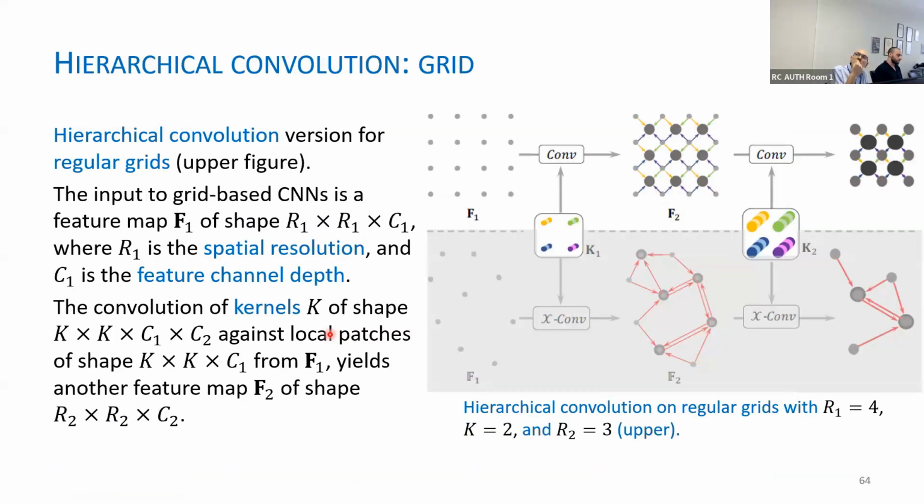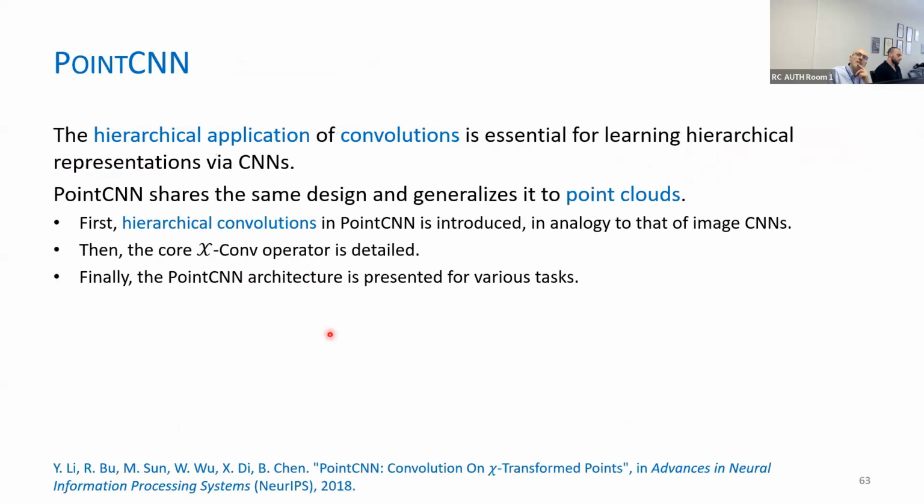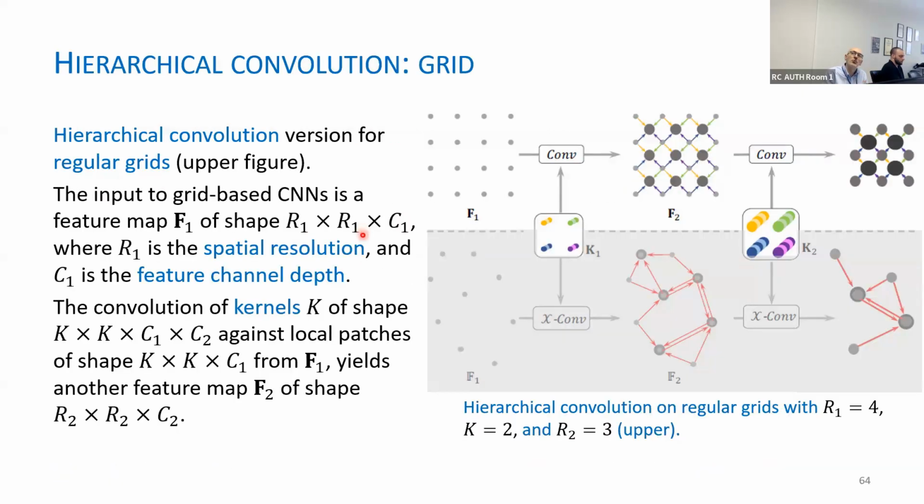So let me try to show you, also in this case, the basic idea for this network. As I mentioned here, the authors first try to show a parallelism between the convolution in the image domain and the convolution that they want to define in the point cloud domain.